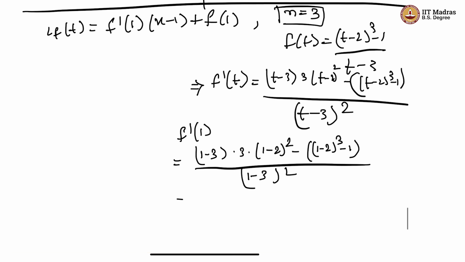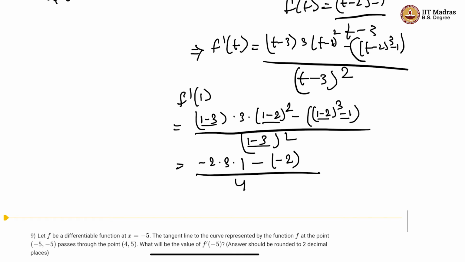Okay, so this is minus 2 into 3 into (1 minus 2 is minus 1) whole square, minus (minus 1 minus 1, that means minus 2), by minus 2 whole square, which means 4. Okay, so this is basically minus 6 plus 2 by 4, that means minus 1.